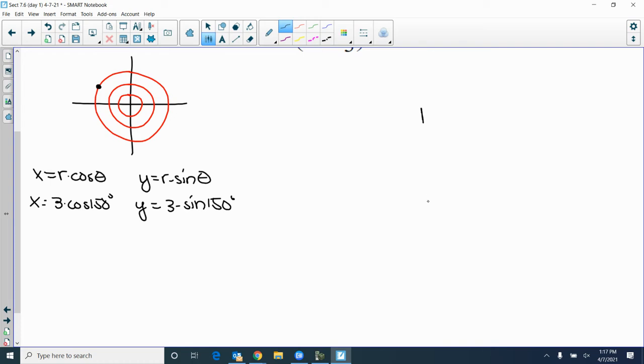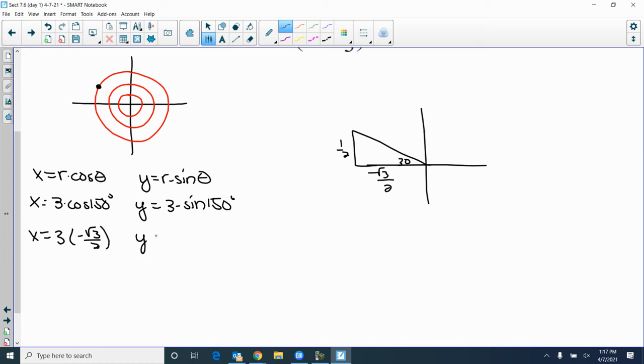And I'm just going to draw it real quick over here because just remember for 150, that gives me a reference angle of 30. That means across from it is 1/2. And make sure you label that negative square root of 3 over 2 because cosine in quadrant 2 is negative. So I get 3 times negative square root of 3 over 2, and y equals 3 times 1/2.